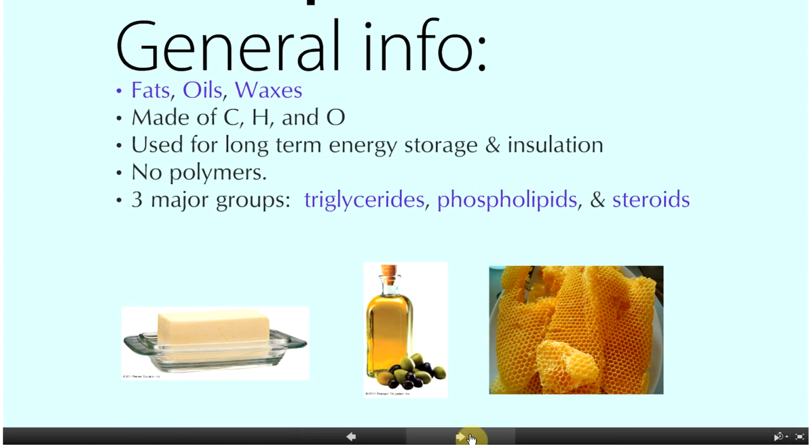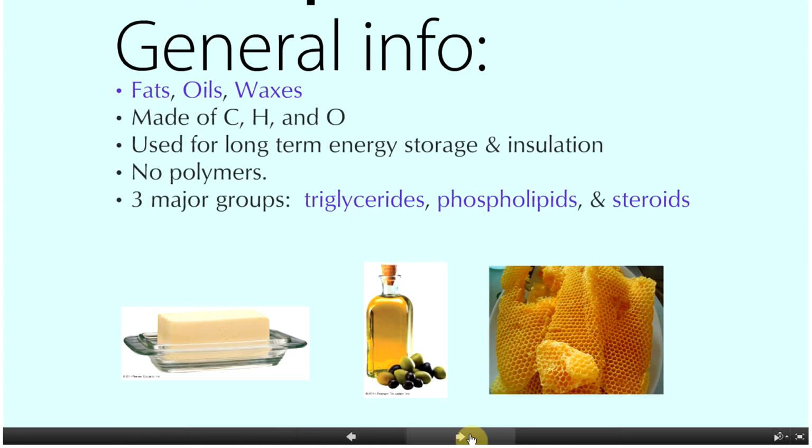The difference between carbohydrates and lipids, however, is that lipids have mostly carbon and hydrogen. They only have a couple oxygen atoms. Carbohydrates have more oxygen atoms in comparison to our lipid molecules.